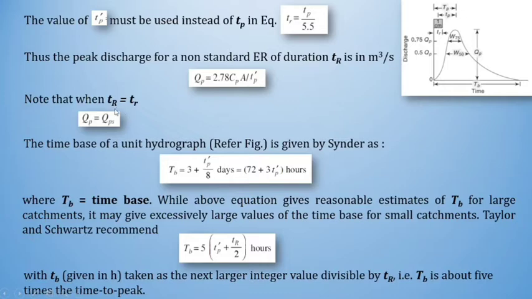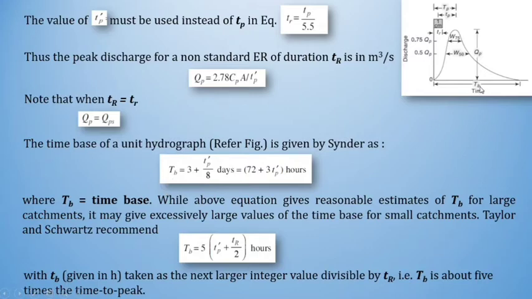Note that when TR is equal to small t suffix small r, meaning the non-standard duration is equal to the standard duration, then the peak discharge in both the cases will be same. The time base of a unit hydrograph is given by Snyder as capital T suffix small b.